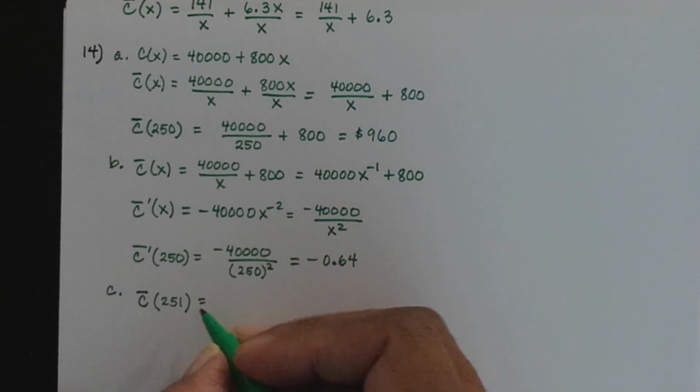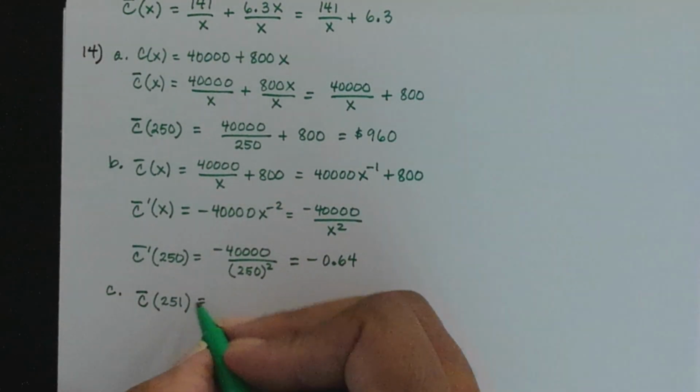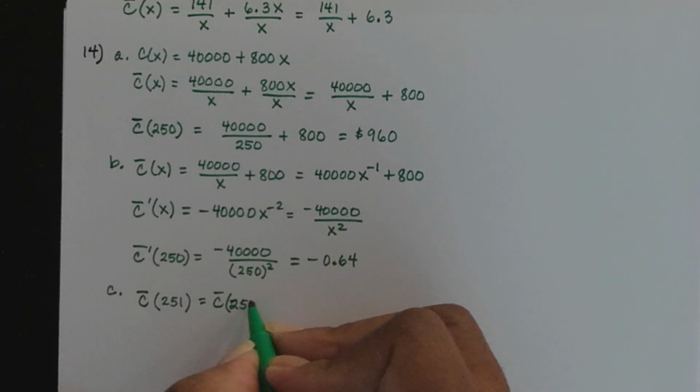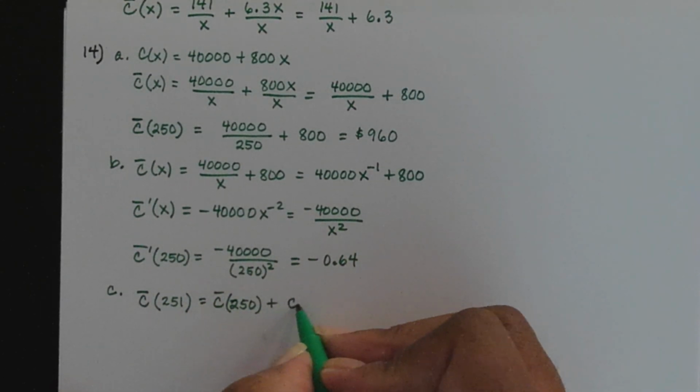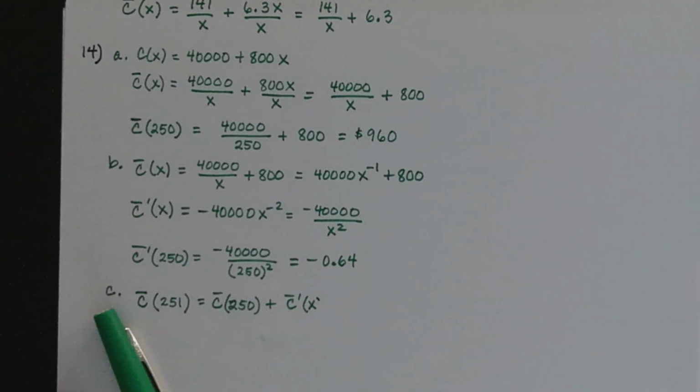If 251 frames are sold, that's one additional item. That's going to be what I got in part A, that's a C bar of 250, plus C bar prime of 250.